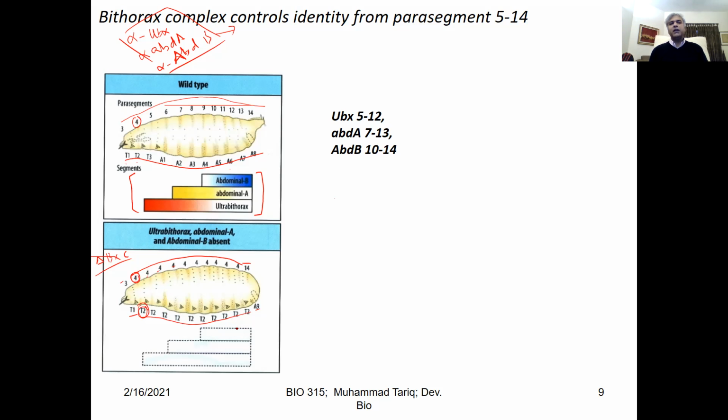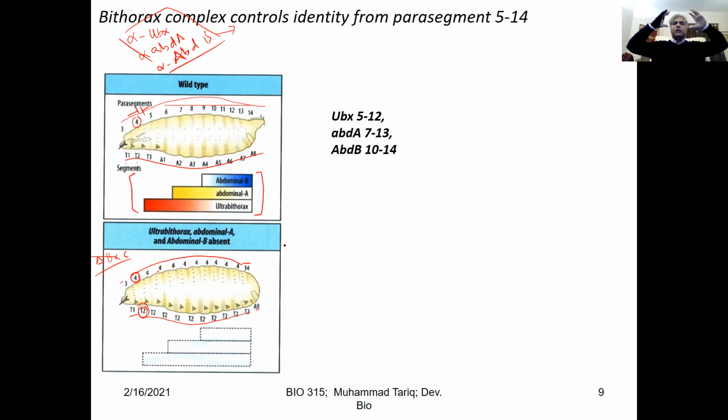Isn't it mind-blowing? Doesn't it blow you away? What is happening? It indicates something is happening here. In the wild type case, between 4 and 5, 5 and 6, 6 and 7, there is some sort of antagonism going on.